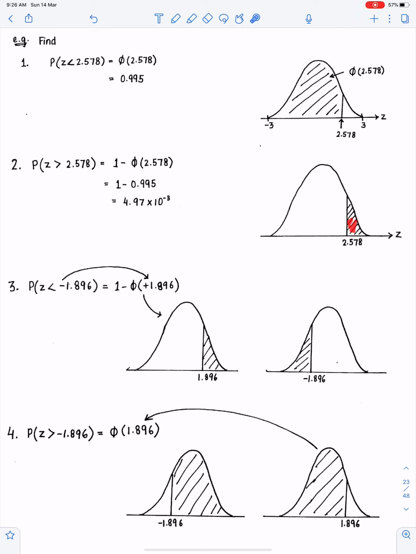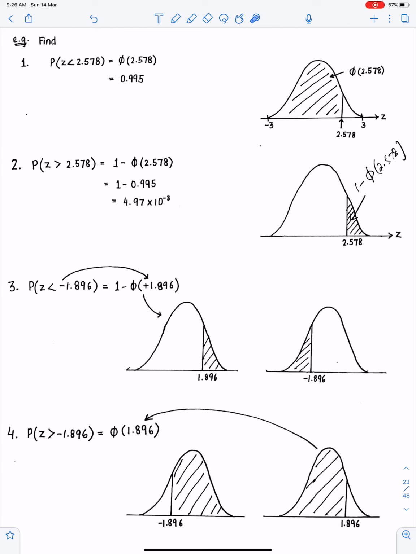So this area is 1 minus phi of this number. This is 1 minus phi 2.578.